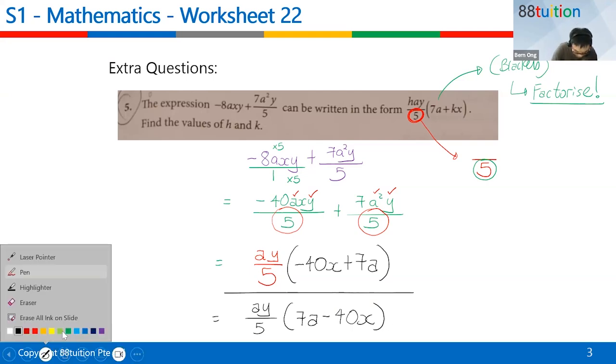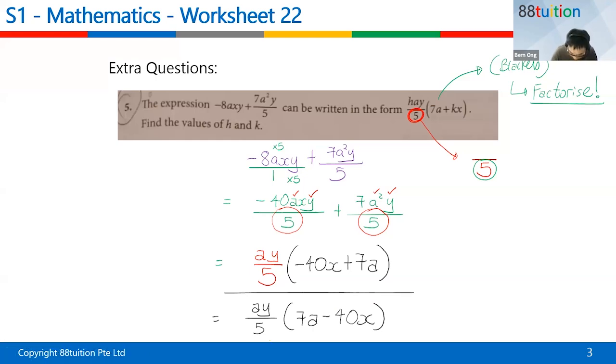So that you will have a fair comparison with the question. Look at the question. The question says hay over 5, bracket 7a plus kx. This is what the question wants.